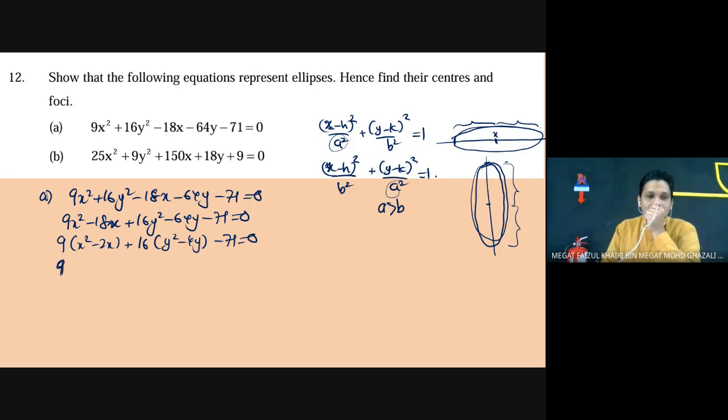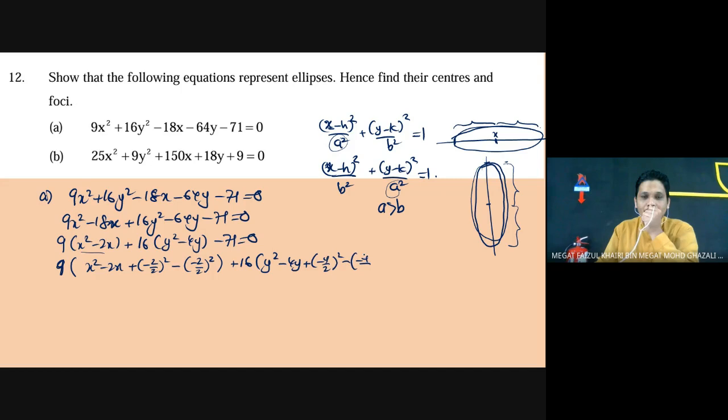So now, for this, x squared minus 2x plus (negative 2 over 2) squared minus (negative 2 over 2) squared, plus 16 times y squared minus 4y plus (negative 4 over 2) squared minus (negative 4 over 2) squared, minus 71 equal to 0.